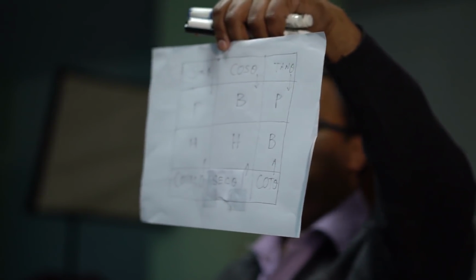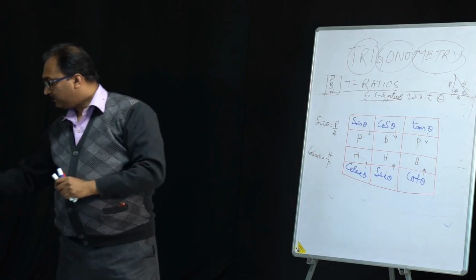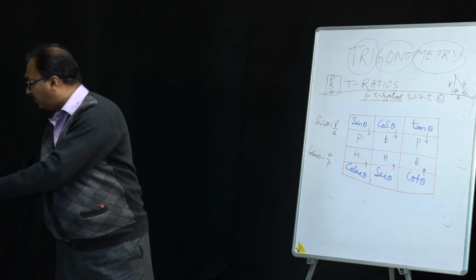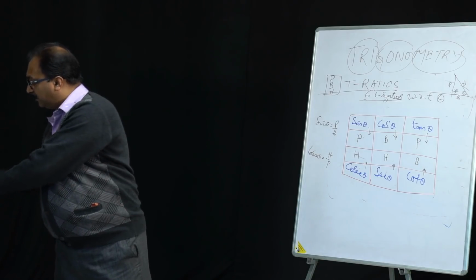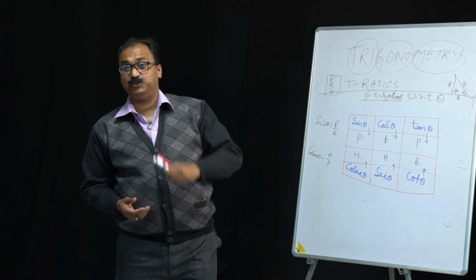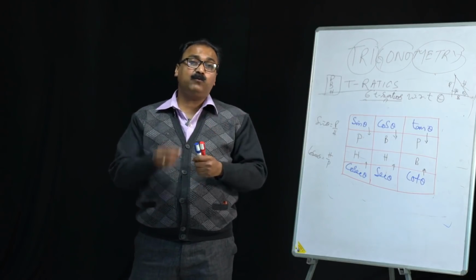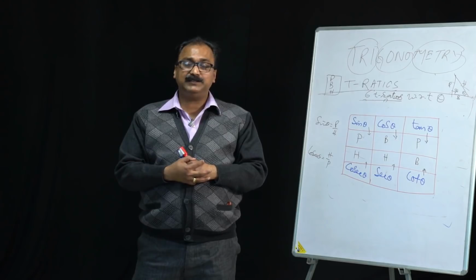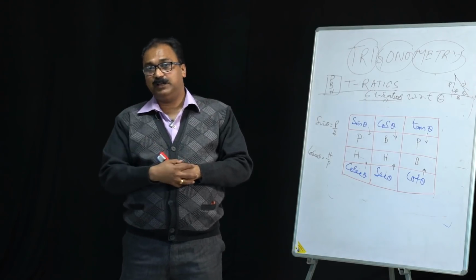So please sincerely make this one, and other formulas also you can make into a chart like this. Okay, now we come to another part of this category, that is some problems relating to the ratios. Before that, one important thing you have to learn, that you know already in class 9.